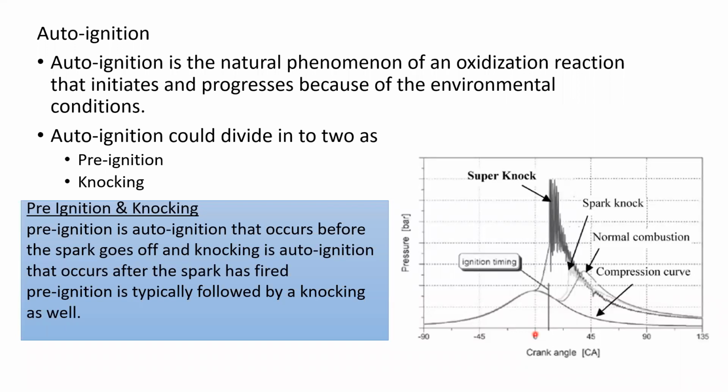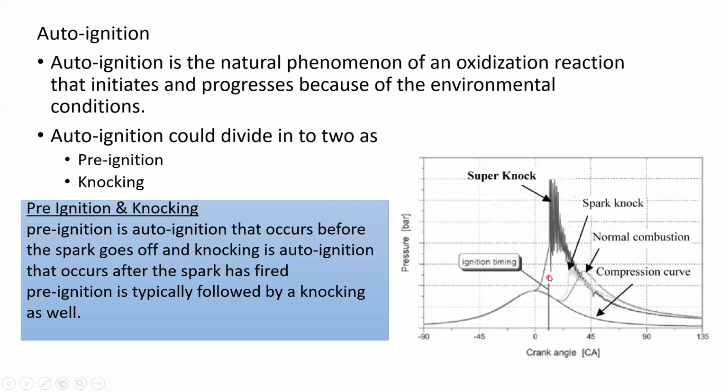Now knock is completely different. Knocking is the auto ignition that occurs after the spark has fired. So even after the spark is given, knocking can be generated. If you can see this graph here, ignition timing is over here, just after 0 degrees.